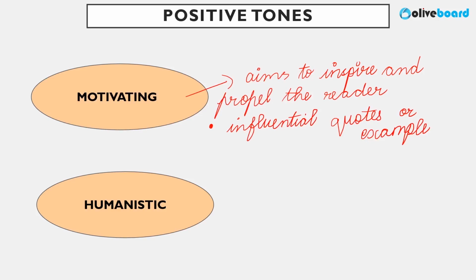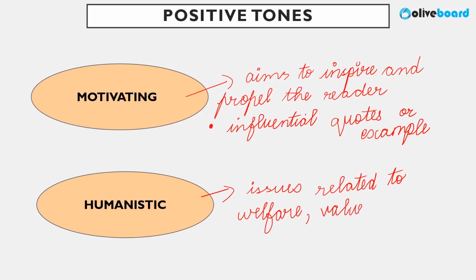You will find this tone when the writer is talking about issues related to welfare, values and other such human affairs. Basically principles, सिद्धांतों के बारे में लिखा जाए, principles of humanism. ठीक है, so then that is humanistic tone.